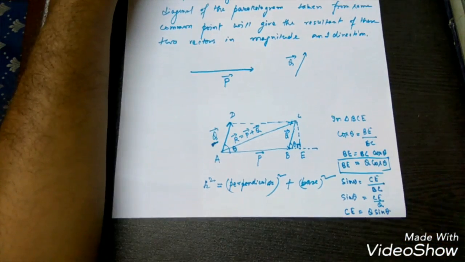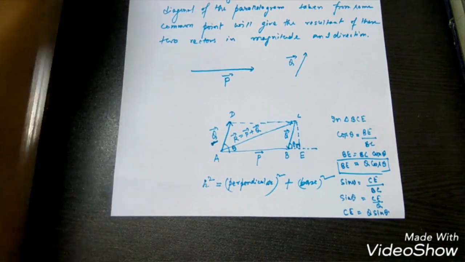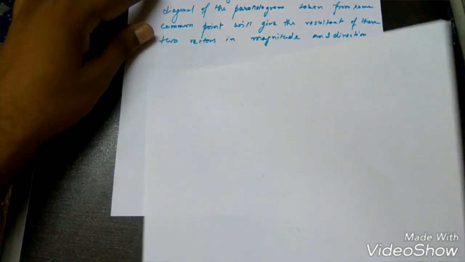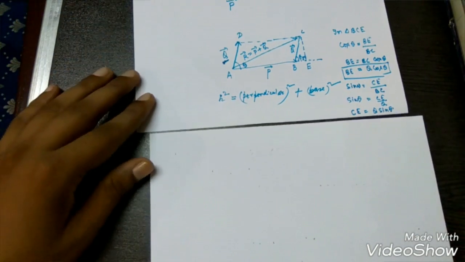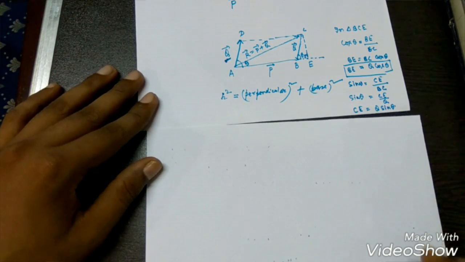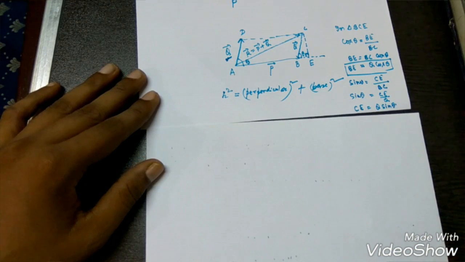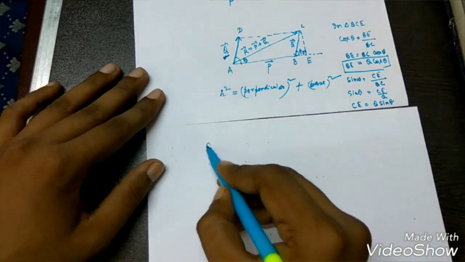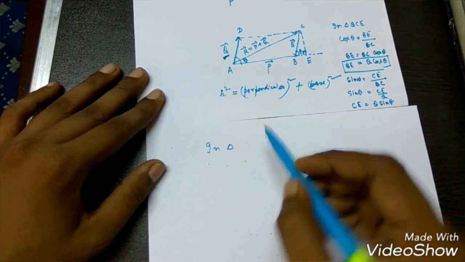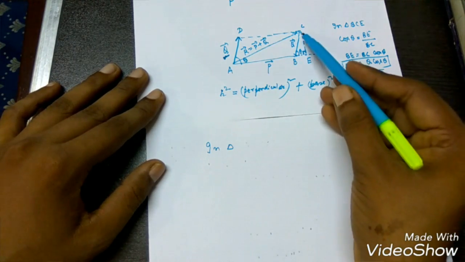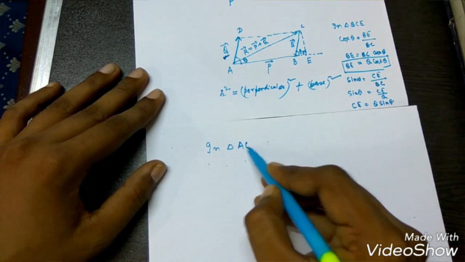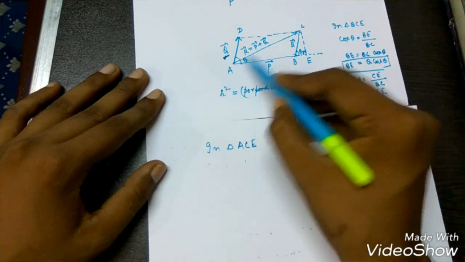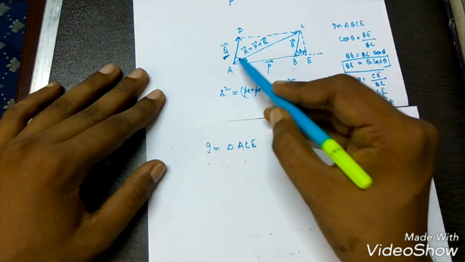Okay, now next thing. Next thing is in triangle ACE. In triangle ACE, what is AC?